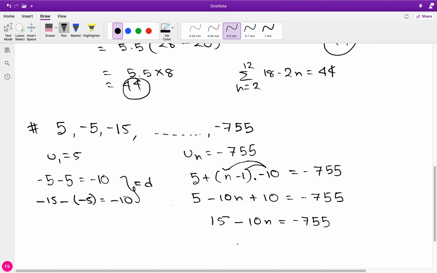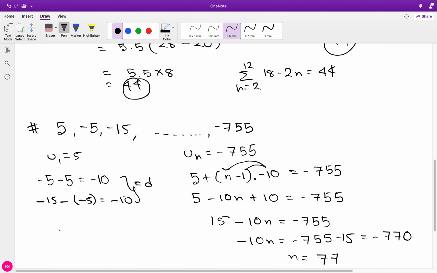I will move all the numbers to the other side, so -10n equals -755 minus 15, which will give you -770. If you divide both sides by -10, you will get n equals 77. That means there are 77 terms in this series.